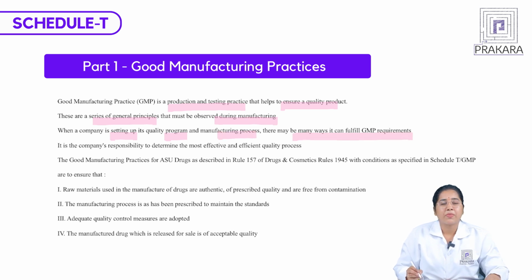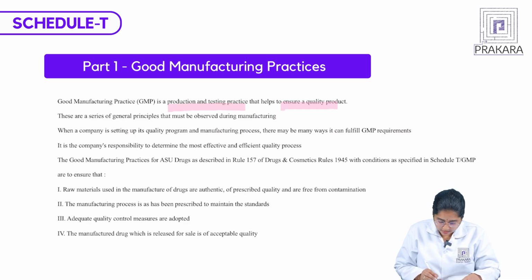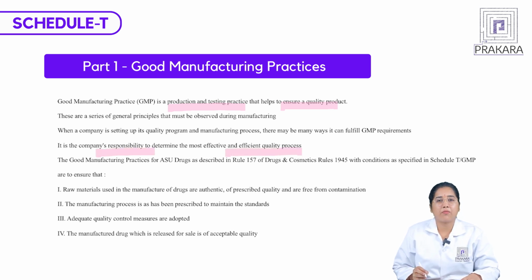If one drug from one company is to pass, it definitely should pass the guidelines, rules and regulations from the manufacturing of the company to the processing of the product. Then it is the company's responsibility to determine the most effective and efficient quality process. So based on the company only, people are going to buy or purchase any product, right?